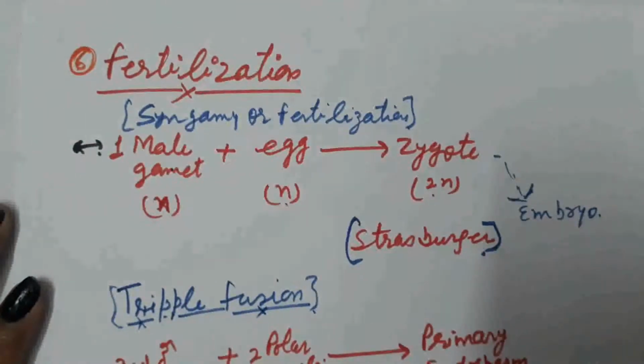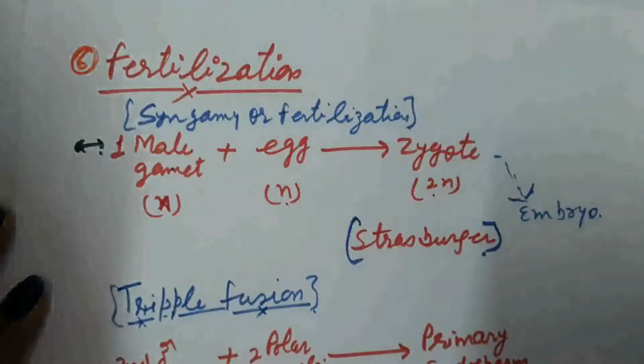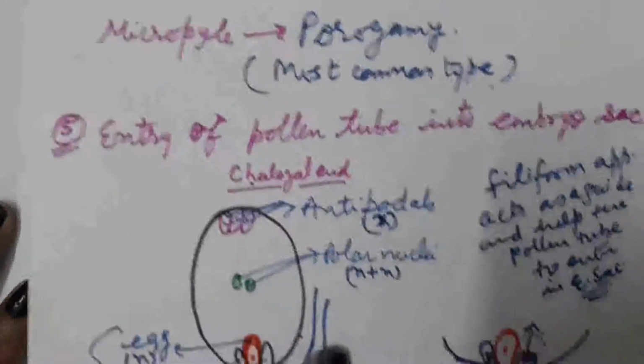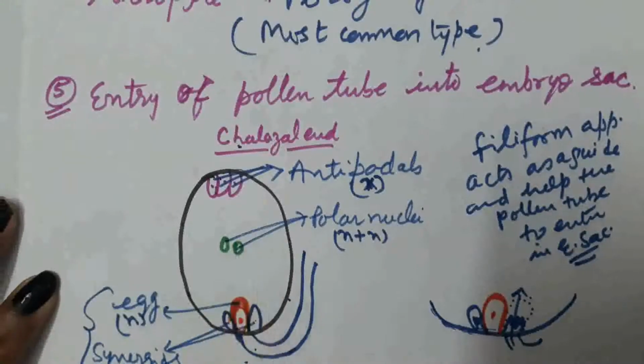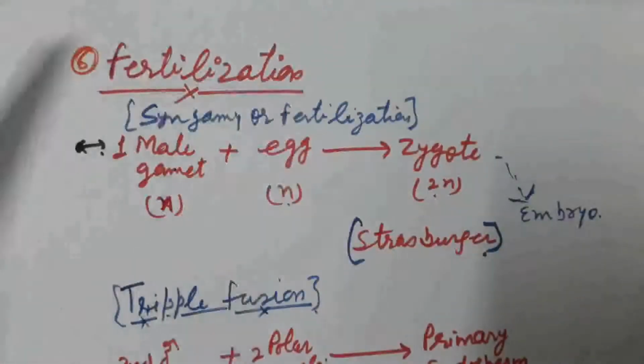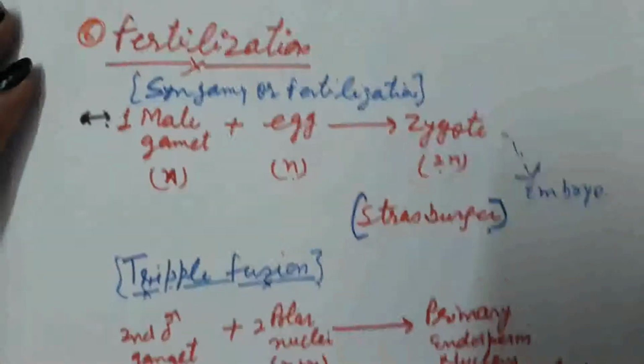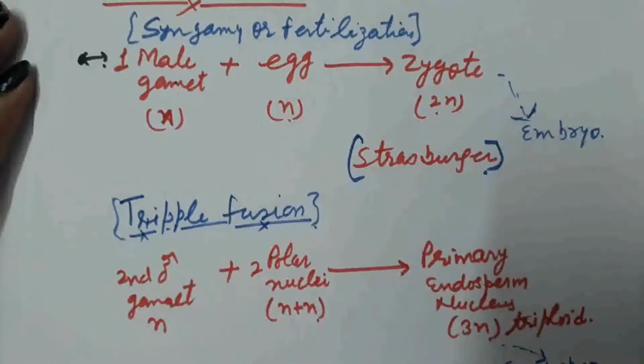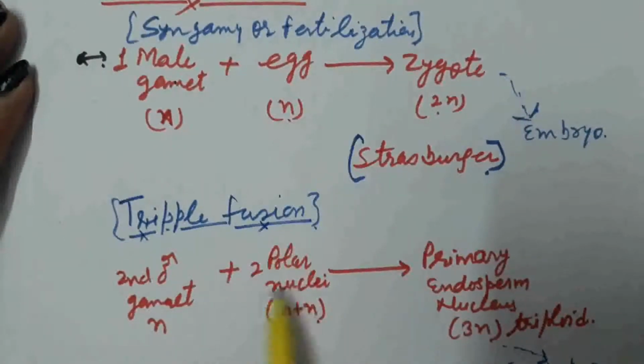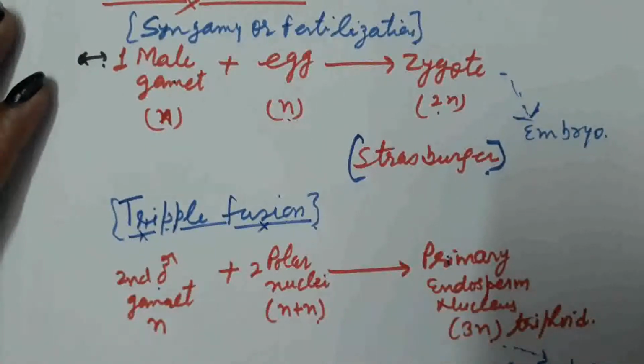But inside the embryo sac, what we observe is that there are 2 polar nuclei also. These polar nuclei combine with the second male gamete. Both these polar nuclei combine with the second male gamete and produce the primary endosperm nucleus.